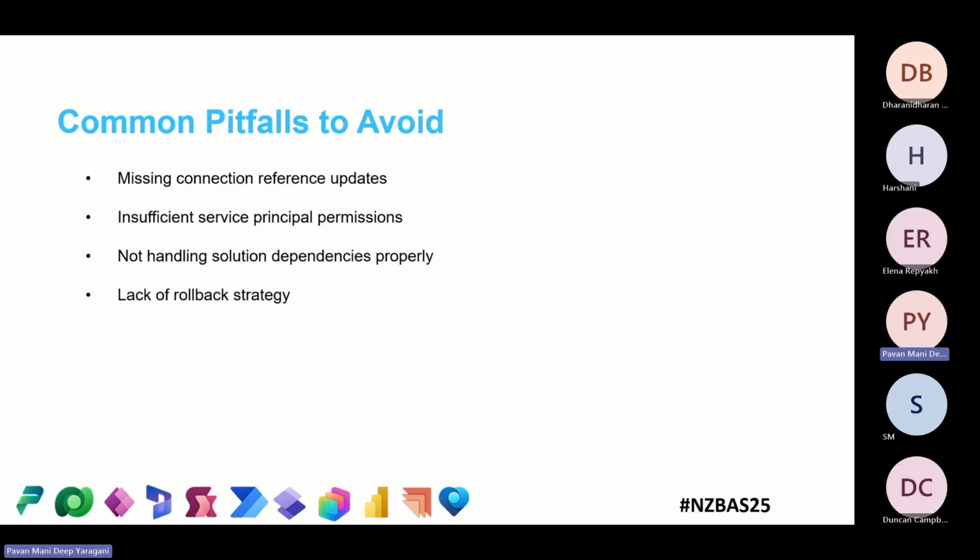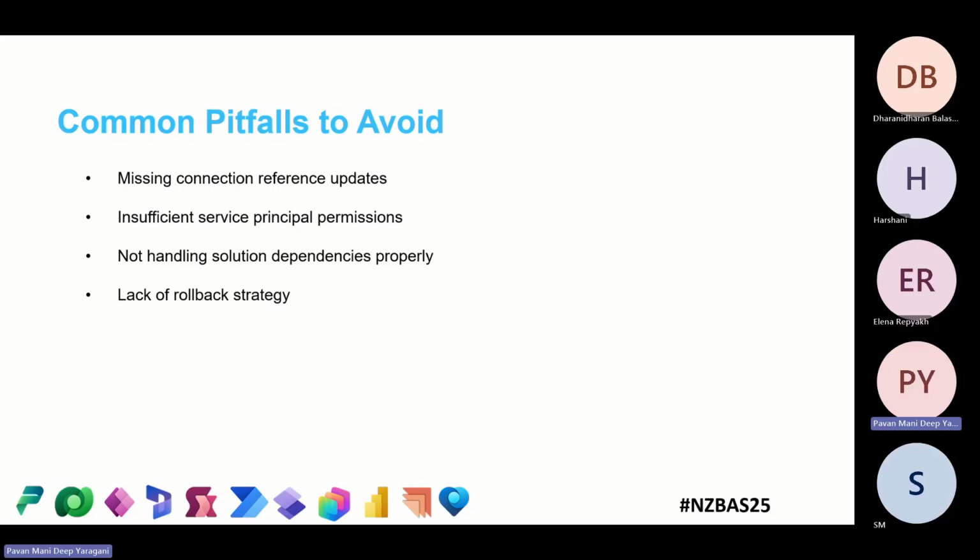I won't get much deeper into that, but I will show you how we can streamline the entire process. And lastly, the old plan had no rollback strategy, and that's where they faced problems when the business wanted a rollback.